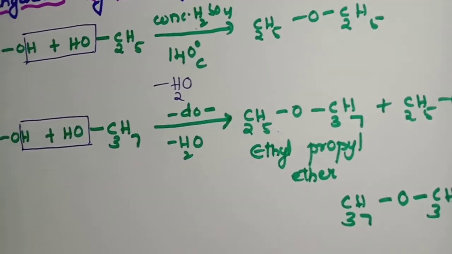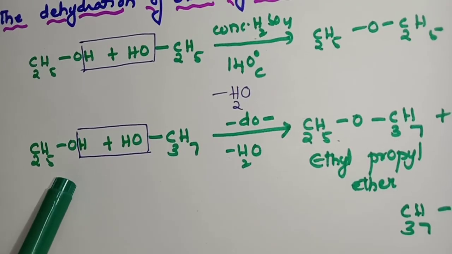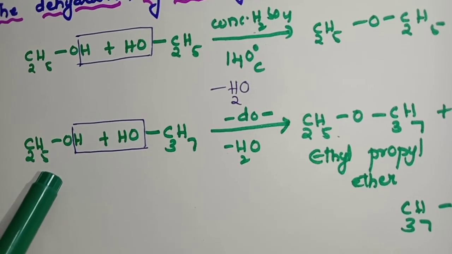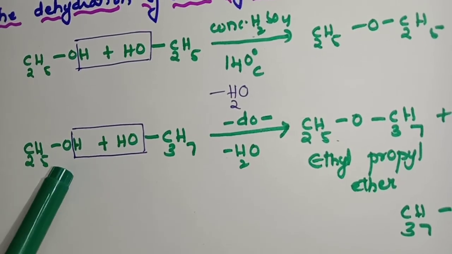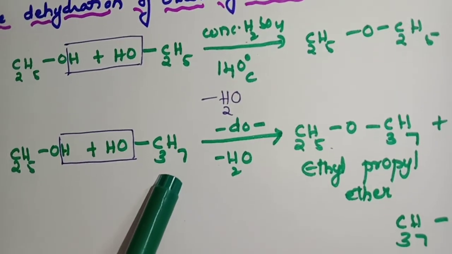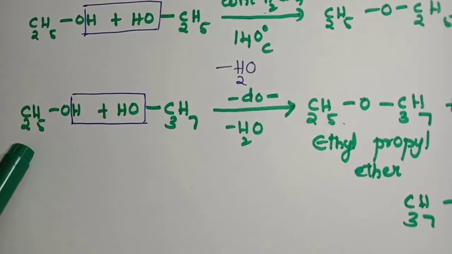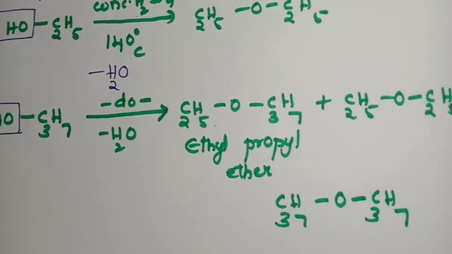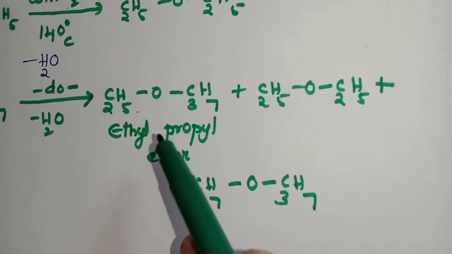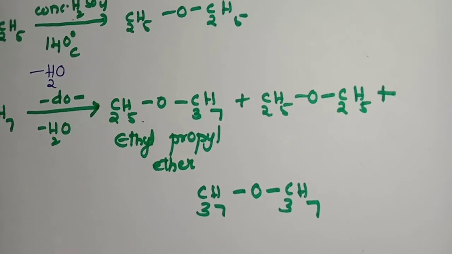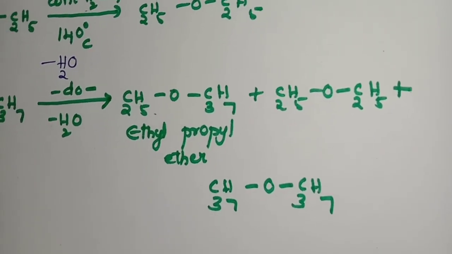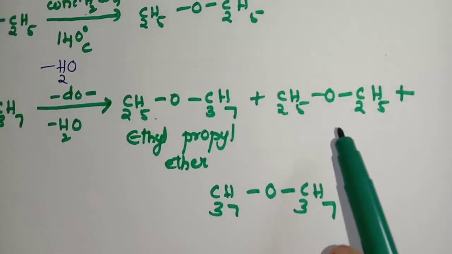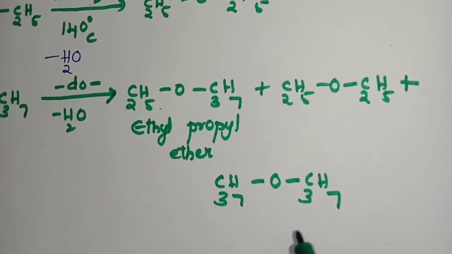Okay. So we have taken these 2 molecules, but the dehydration can be from 2 ethyl alcohol molecules, from 2 propyl alcohol molecules, and also 1 ethyl alcohol and 1 propyl alcohol. Okay. So we have the chance of formation of these 3 ethers by taking these 2 alcohol molecules. Ethyl propyl ether, diethyl ether and dipropyl ether.